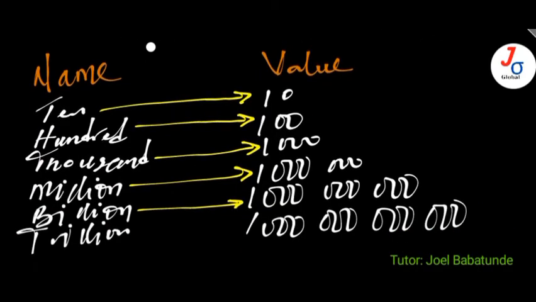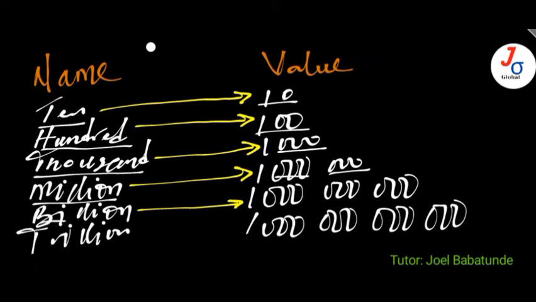Here we have the name and the value. These are the names that they give to these special numbers. For example, 10 has just one zero. Then we have 100, which has two zeros. Then 1,000, which has three zeros. Then million, which has six zeros.